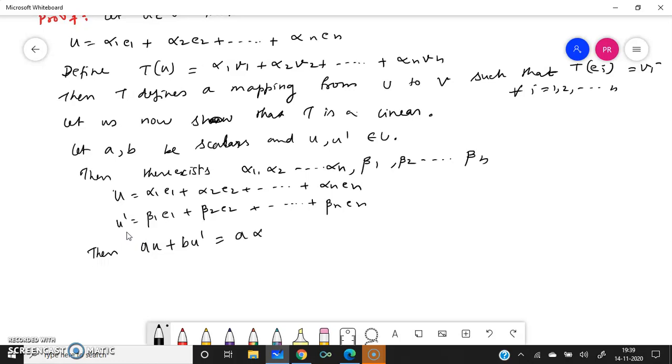It will be (a alpha 1 plus b beta 1), I am taking the e1 coefficient together, into e1, plus (a alpha 2 plus b beta 2) into e2, and so on, plus (a alpha n plus b beta n) into en.